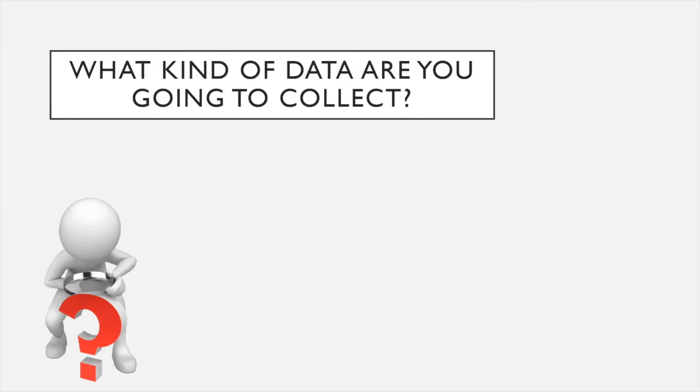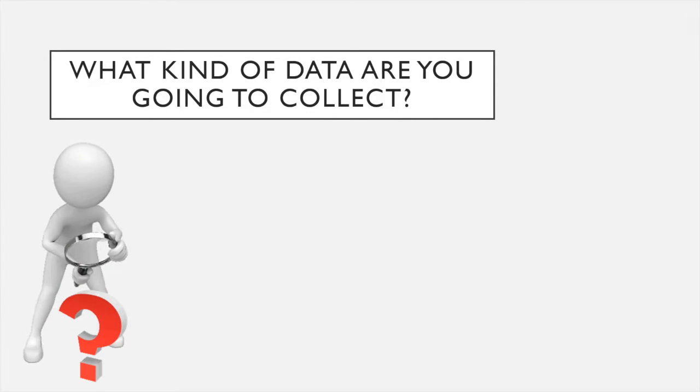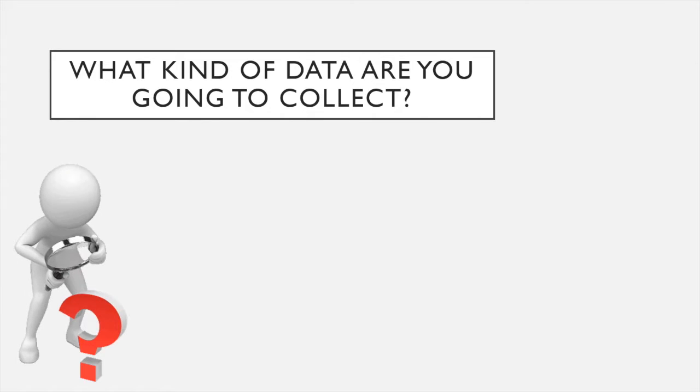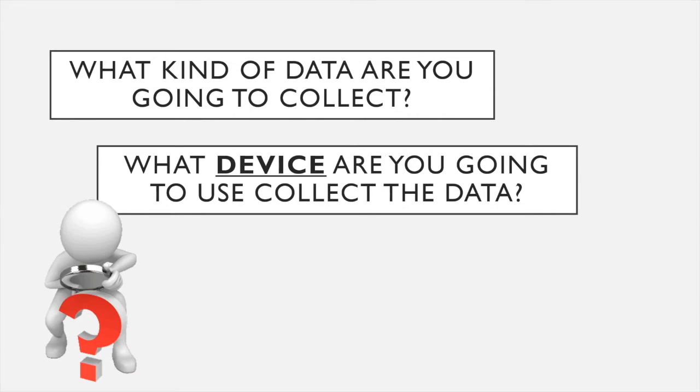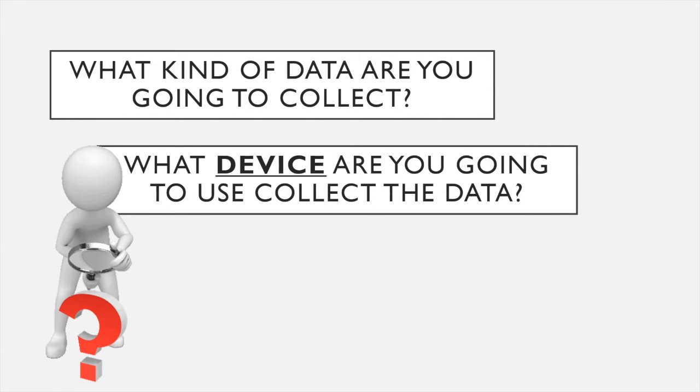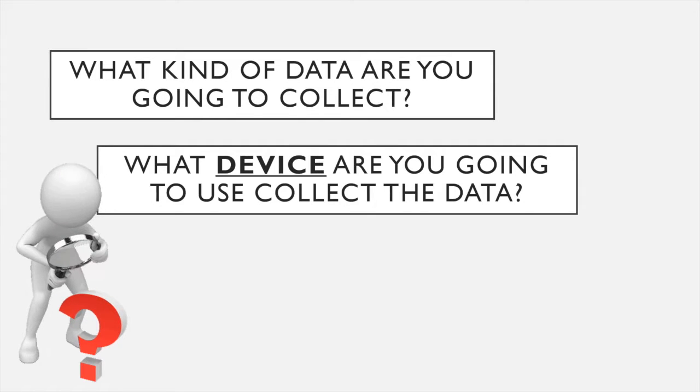Before making an investigation or research, an important decision for every researcher must be made. During the planning, the researcher must ask the following questions to himself. First, what kind of data am I going to collect? Second, what device am I going to use in collecting the data?